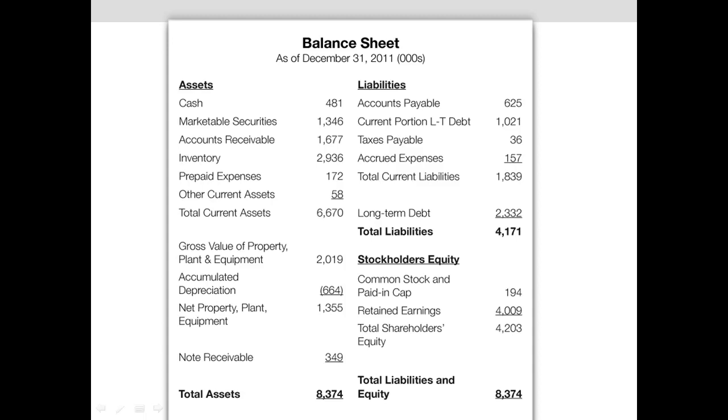If the balance sheet does not tally, there is something wrong with the financial statements.